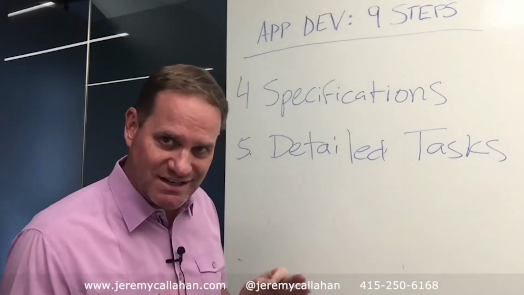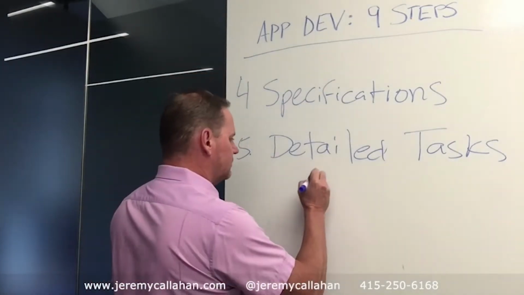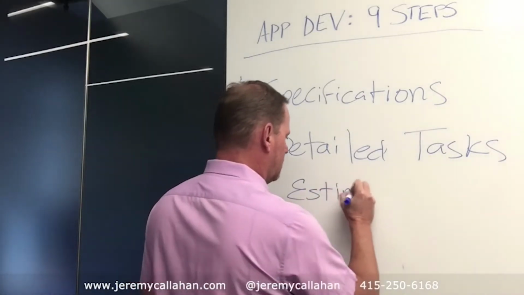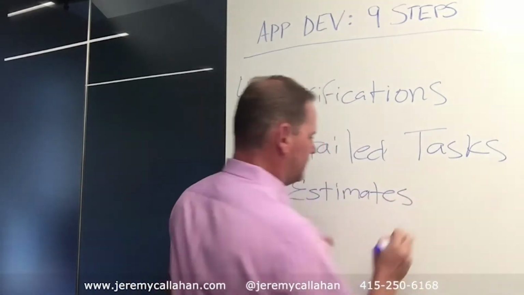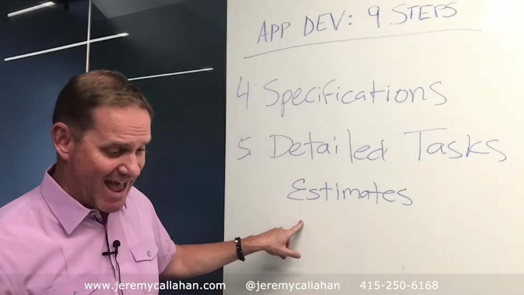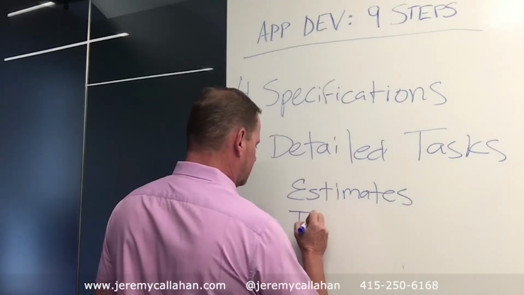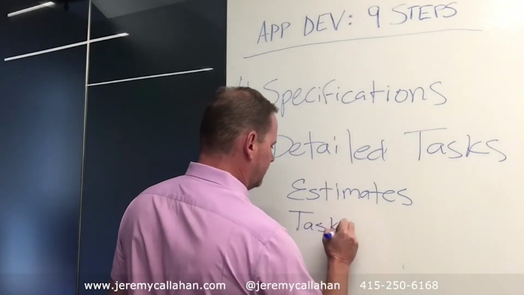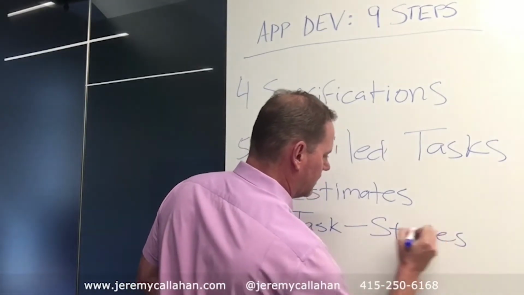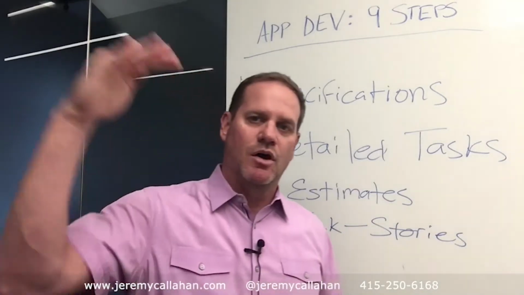And the reason you want detailed tasks is there are 3 main reasons. One is so your developers can do estimates. So they can estimate the hours on the specific tasks, okay? Number 2 is you'll have the tasks individualized into what we call stories, so the developers can break down all the tasks.